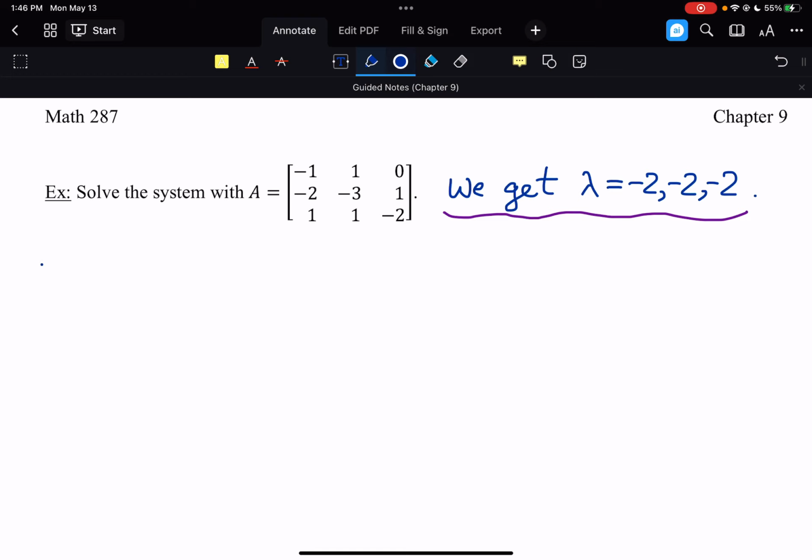We need to take a look at how many eigenvectors we're going to get out of this. So we take the null space of A minus -2I, so that's plus 2I. So that's going to be 1, -1, and 0 on the main diagonal. Everything else will stay the same.